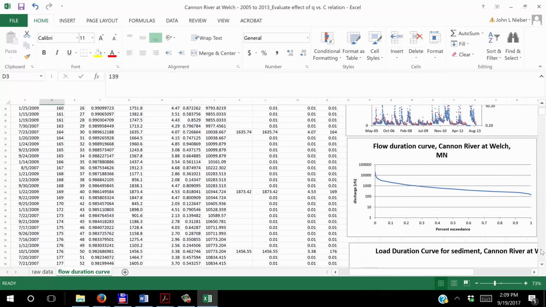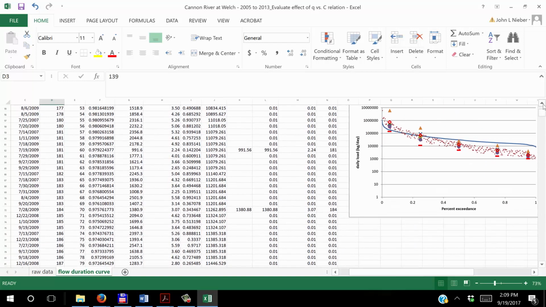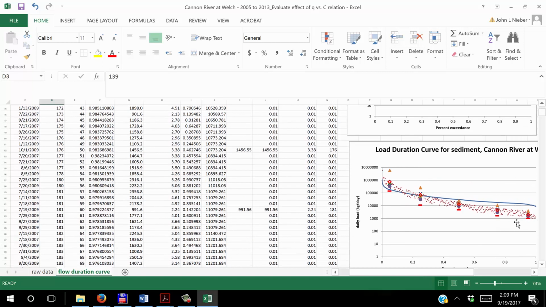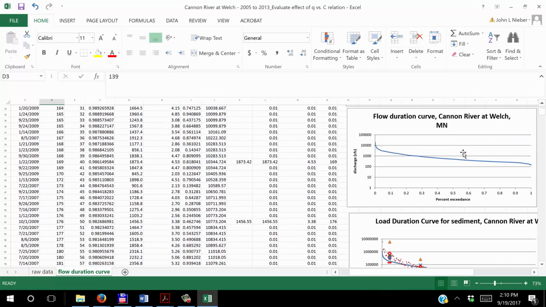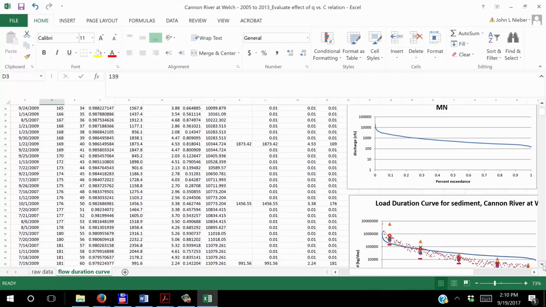I can go down here and show you that plot, which also has the sample data on it. We'll talk about the sample data in a moment. But this blue line is the plot of the line for the water quality standard. And you can see that that graph has the shape of the curve for the flow duration curve. It's just scaled.